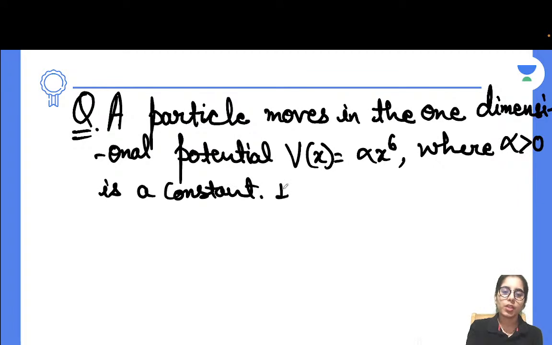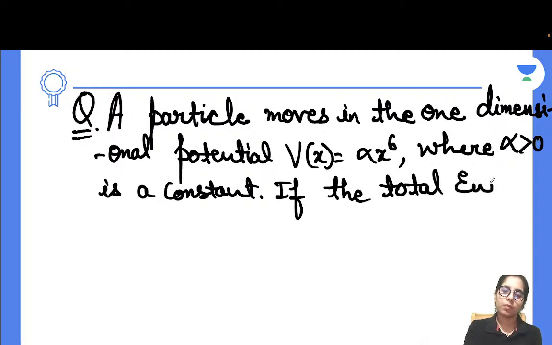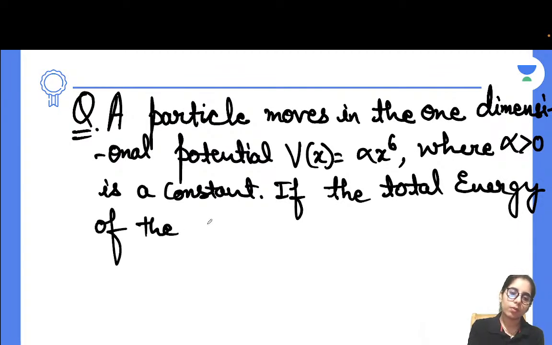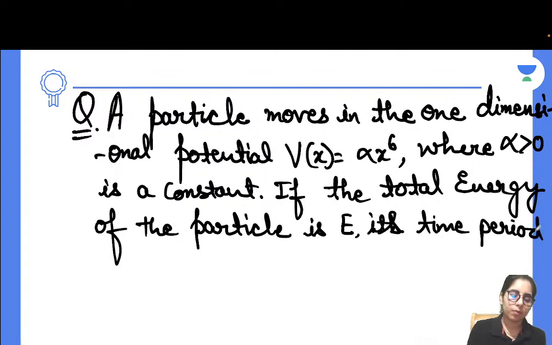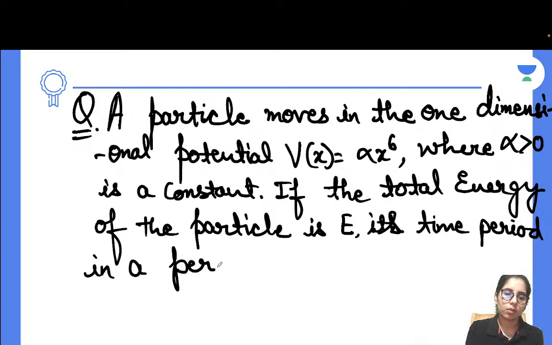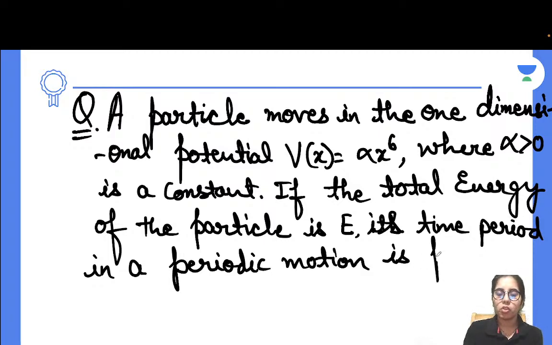If the total energy of the particle is E, its time period in a periodic motion is proportional to.